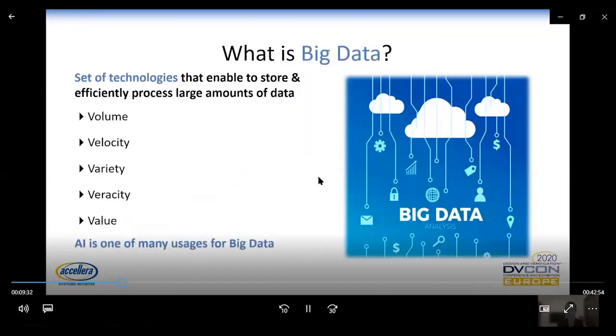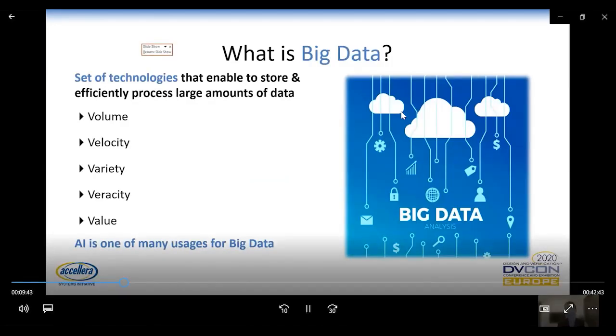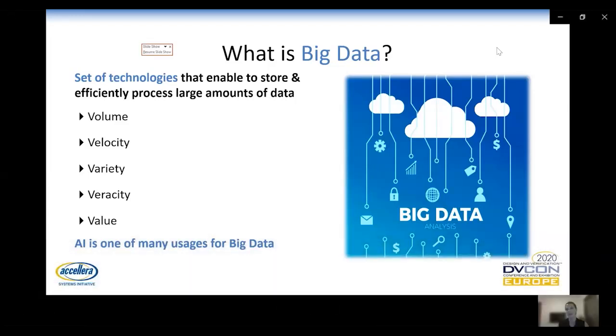The last term that I want to discuss today is big data. When we're saying big data, we are actually referring to a set of technologies that enable us to, first of all, store and process different types of data.